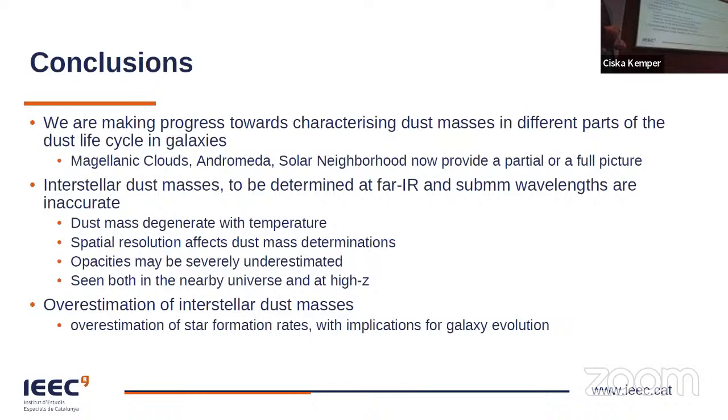There is degeneracy with temperature and this beta. Spatial resolution affects the dust mass determinations. Opacities may be severely underestimated, and these effects are seen both in the nearby universe and at high redshift. And this leads, in my estimation, to an overestimation of interstellar dust masses, and therefore potential for overestimation of star formation rates with implications for galaxy evolution.